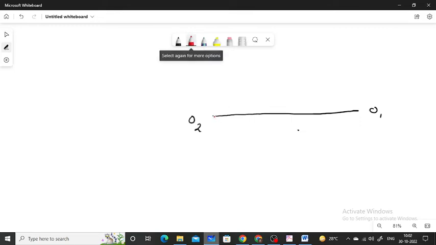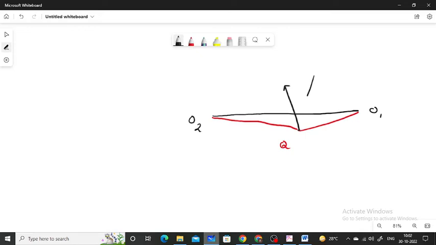The teeth of these two wheels are in contact at the point Q, and the linear velocities at these points of wheel 1 and wheel 2 are V1 and V2.